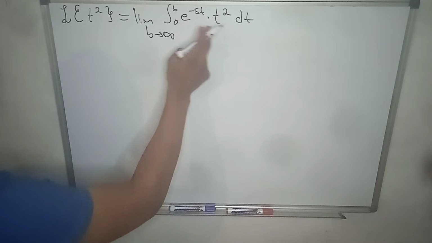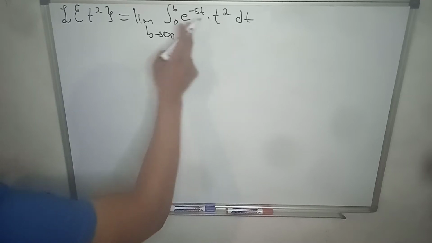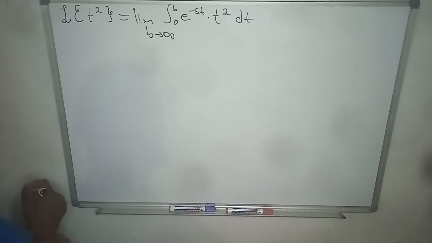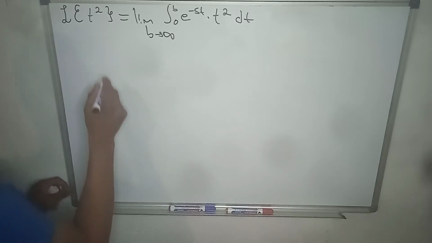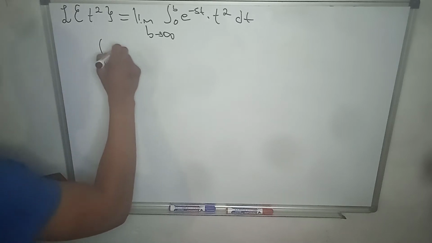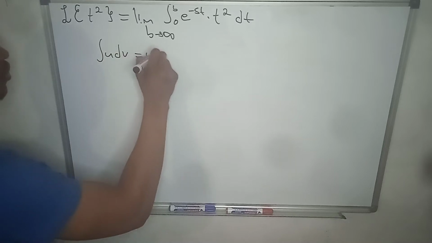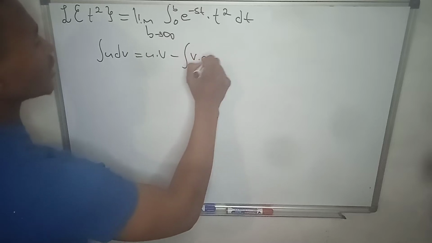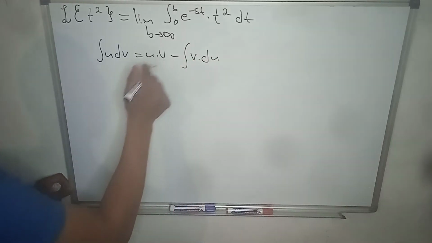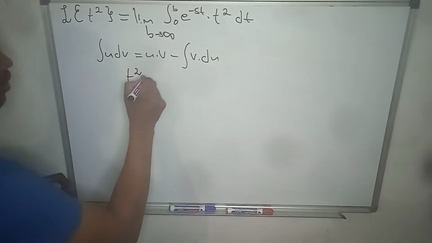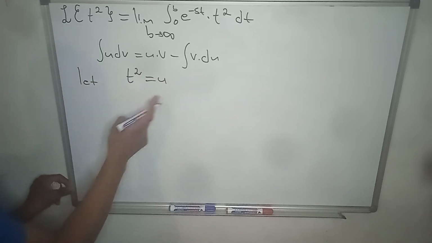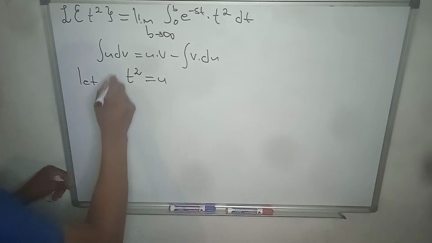We have to integrate using integration by parts. Our formula goes like this: the integral of u dv equals u times v minus the integral of v du. In this case, we are going to let t squared equal u.